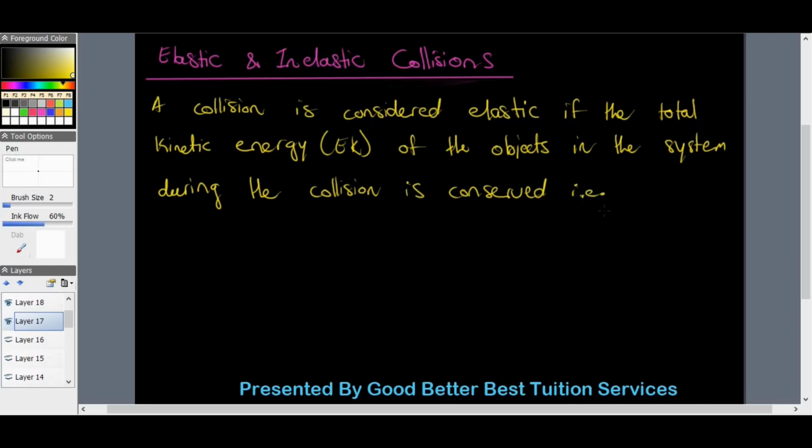the total Ek initial must be equal to the total Ek final. Total kinetic energy before must equal total kinetic energy after. Okay? If this is not the case, if that is not equal, the collision is inelastic.